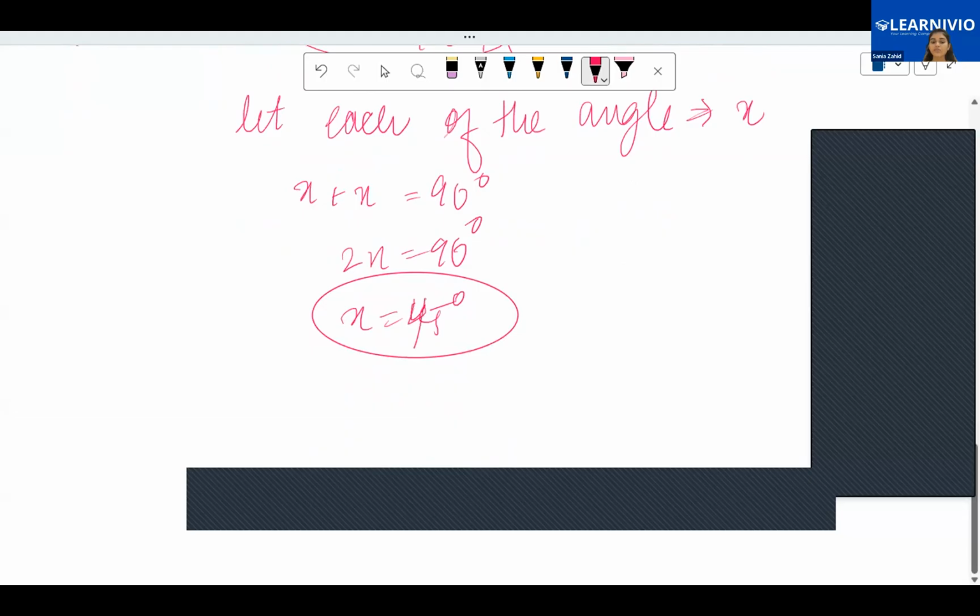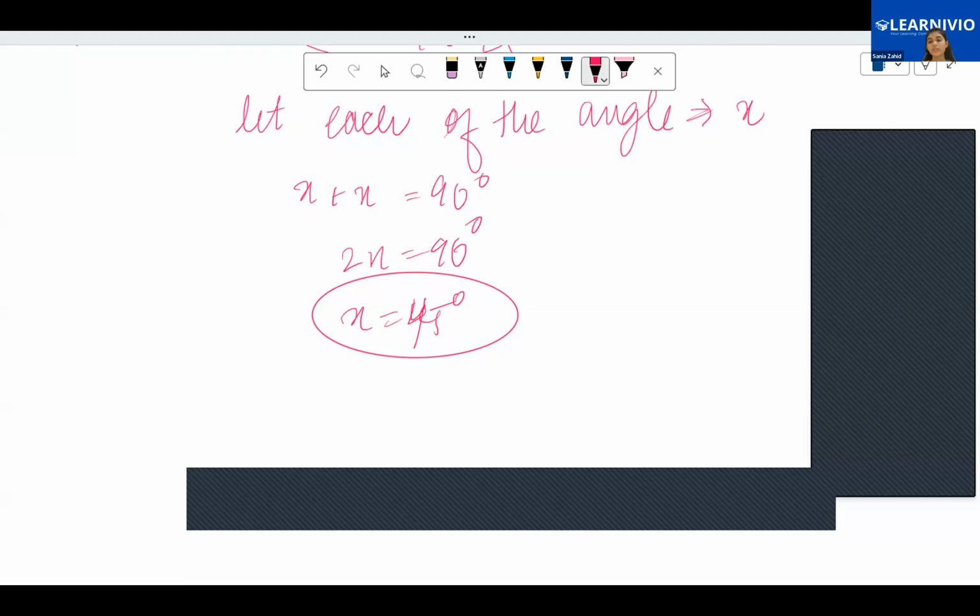Hence, both the angles are equal to 45 degrees. This is how you do it. Similarly, you do it for supplementary angles also. Do you understand? Yes, ma'am. I hope that from the next test onwards, you follow the proper steps. Yes, ma'am.